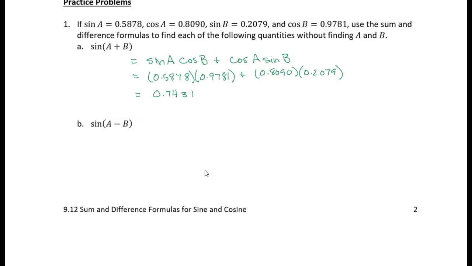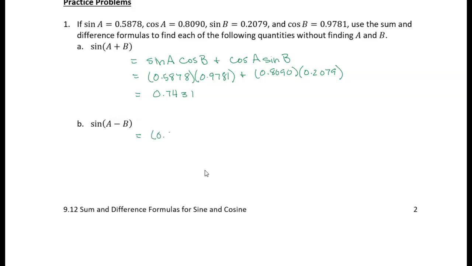Okay? Next problem is very similar. Now the difference formula for sine is basically the same as the sum formula, except it has a minus in the middle. So if you have like a TI-84 where you've already typed in all of these values, all you need to do is recall that expression that you just typed in and change the plus to a minus. Okay, so I'm going to do the substitutions here.